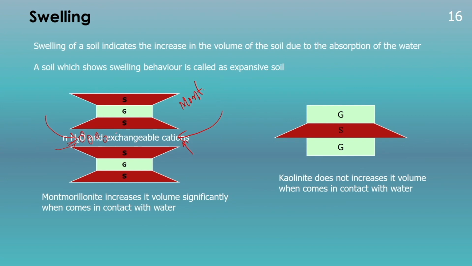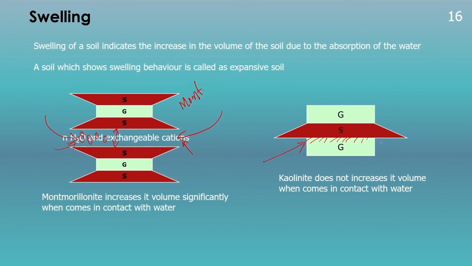As the water goes in, the separation between these layers will increase, and that will be manifested as an increase in the volume of the soil sample. On the other hand, for kaolinite minerals, the silica and gibbsite sheets are strongly bonded by hydrogen bonding.